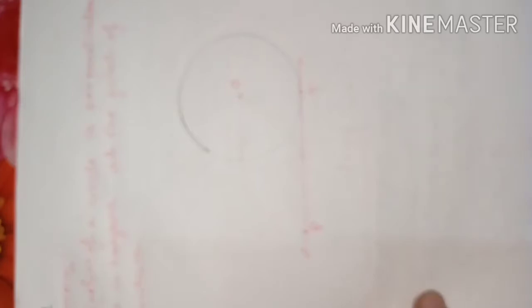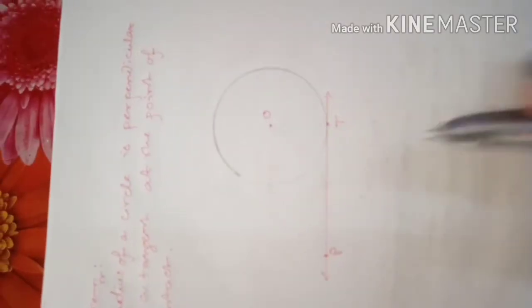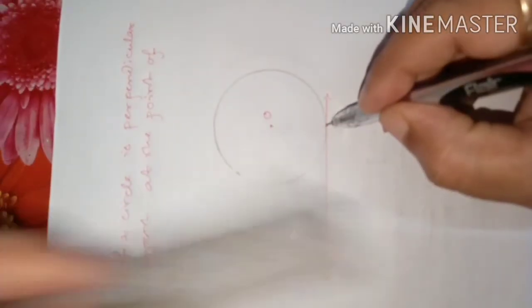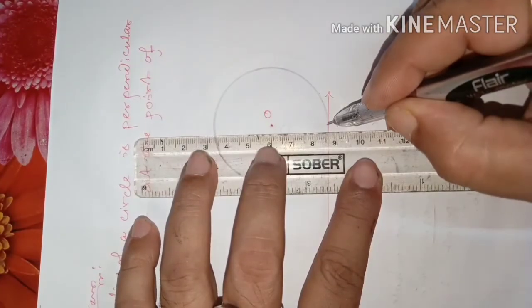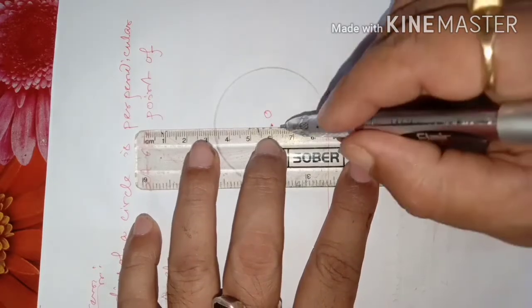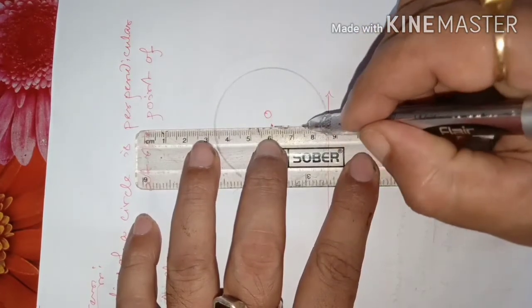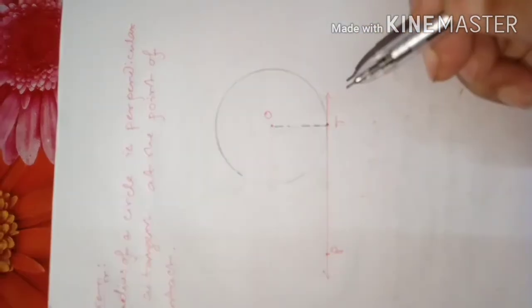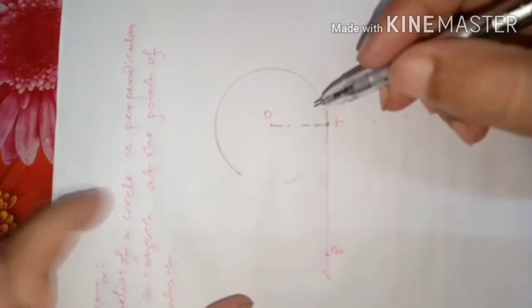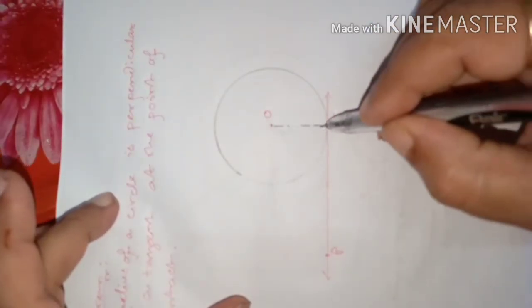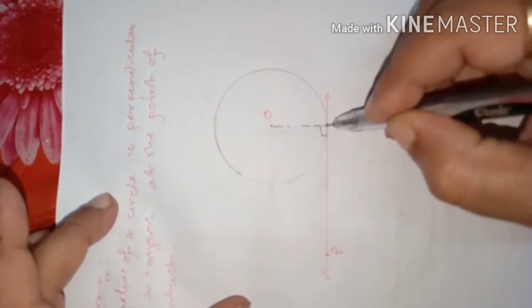Meaning, if we draw a radius from the center at the point of contact, this point T is the point of contact. So if I draw a radius here, now here, this is a radius. According to this statement, this radius will be perpendicular on this tangent at this point of contact.